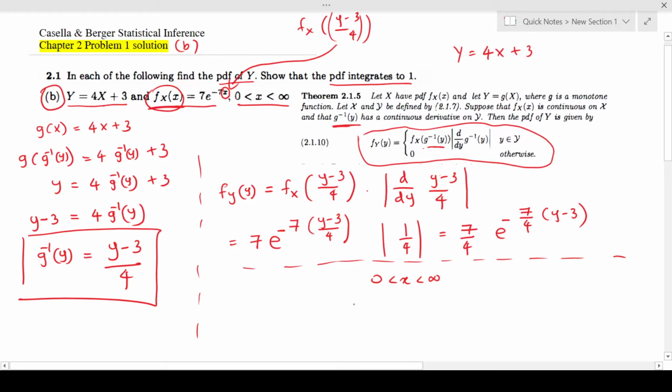So I'll multiply both sides by 4: 4 times 0, 4x, and 4 times positive infinity. 4 times infinity is infinity. Then you add 3 to both sides. 4 times 0 is 0, plus 3 is 3. And 4x plus 3 is y. 4 times infinity is infinity, plus 3 is again infinity. So y ranges from 3 to positive infinity. We found that as well.